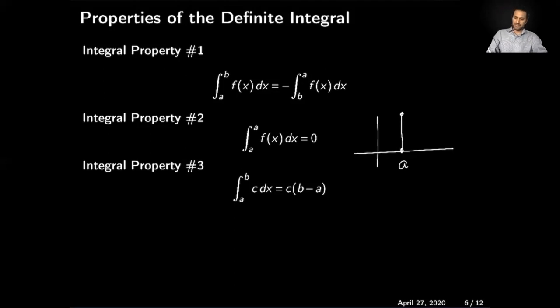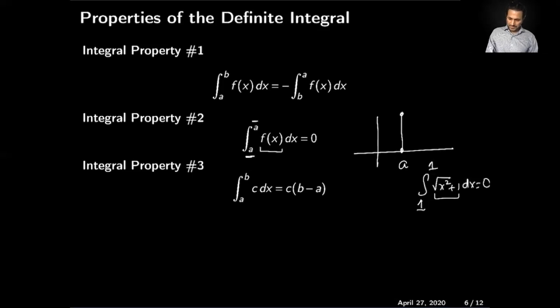So therefore the definite integral starting from a ending at a, no matter what the function is, is always 0. For example, the definite integral from 1 to 1 of the square root of x squared plus 1 dx will be 0 no matter what is the shape of that function.